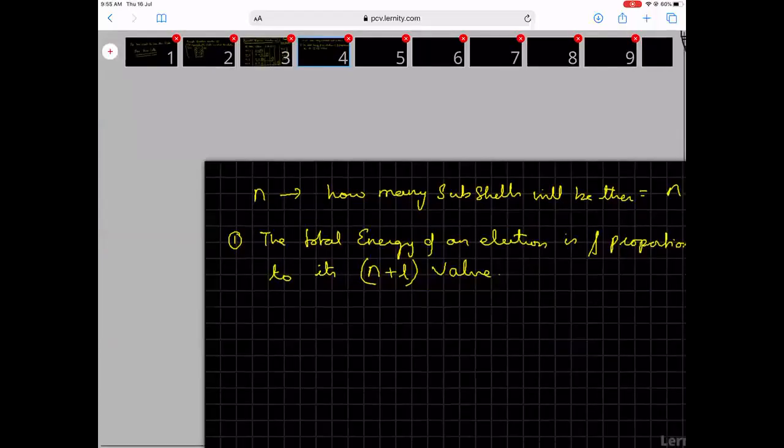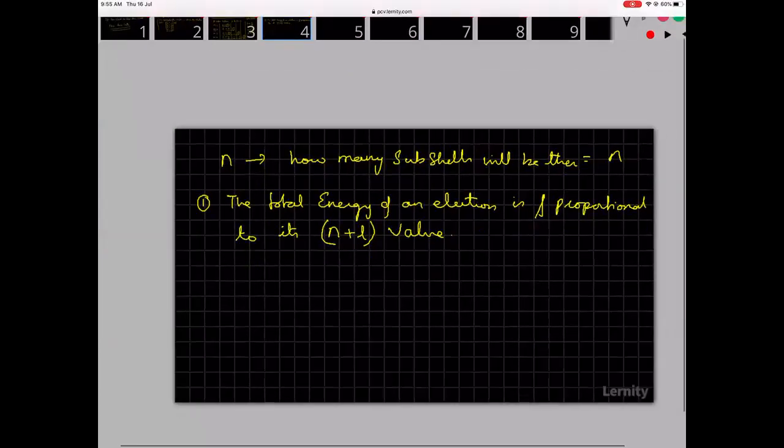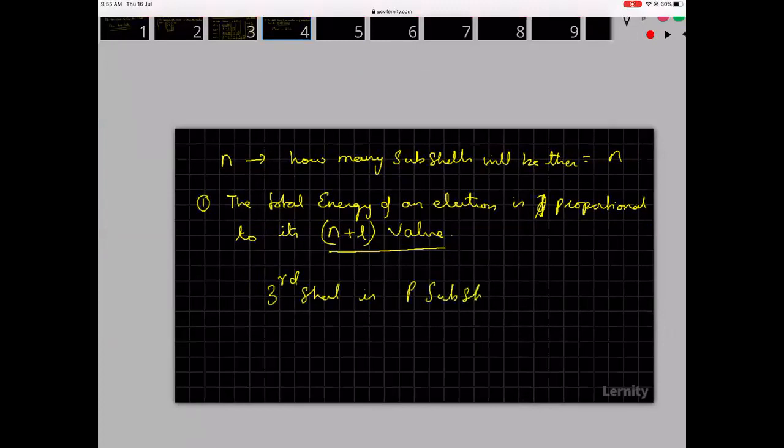Total energy of an electron is given by the n plus l rule. Electron is in the third shell in p subshell. The principal quantum number n is 3, and the l value of the p subshell is 1, so 3 + 1 = 4.